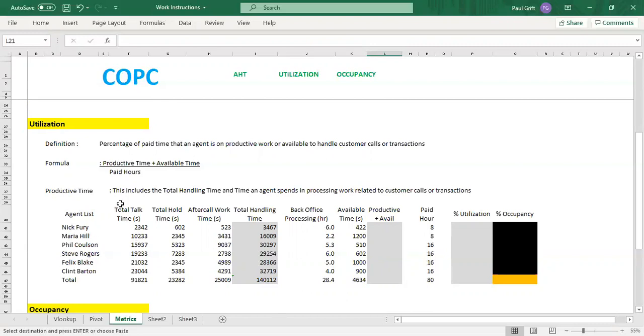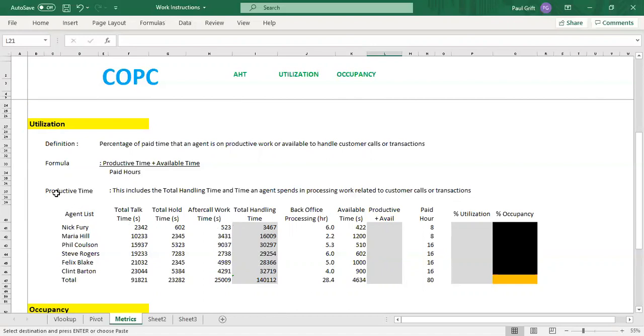Okay, so the productive time includes the total handling time and the time an agent spends processing work related to customer calls or transactions.